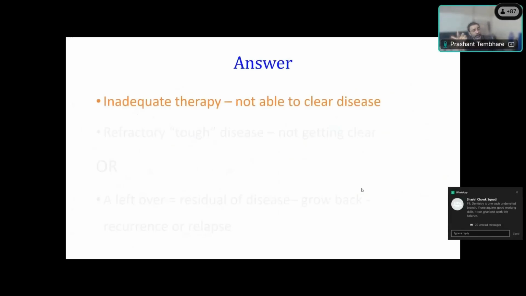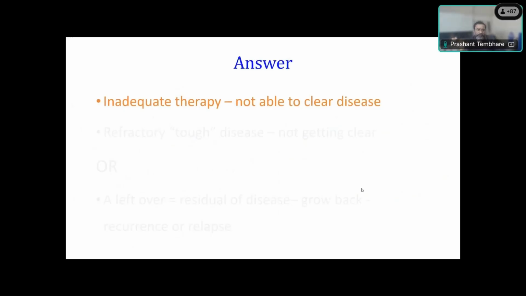Now we improved the therapy, which could cure the disease. Then there is refractory tough disease. Many times the disease is tough and refractory to the given treatment, so it's not getting killed or cleared from the patient.